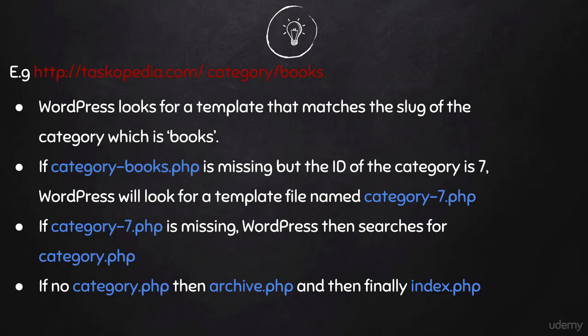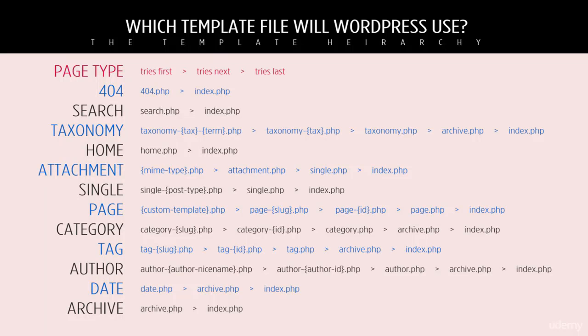Don't worry, in the very next video, I'm going to show you a real life example so that you will understand this better. But I want to show you this image right here to give you an idea of the template hierarchy for all types of pages. Now you can see we have the 404 page. We have search, taxonomy, home, attachment, single page, category, tag, author, date, and archive.